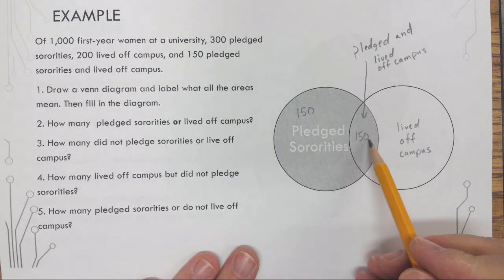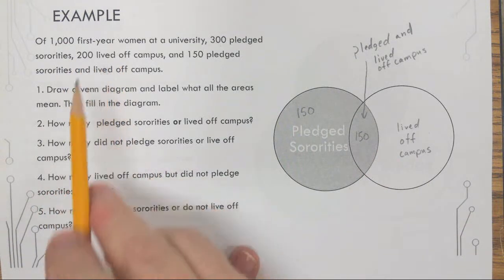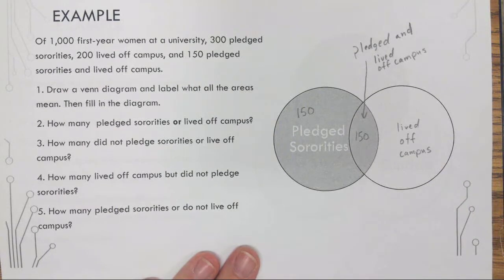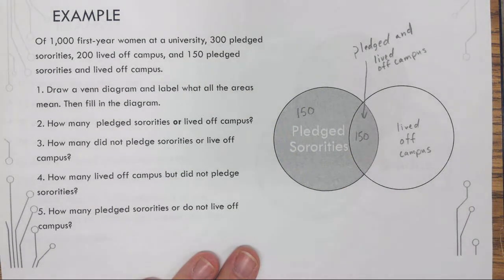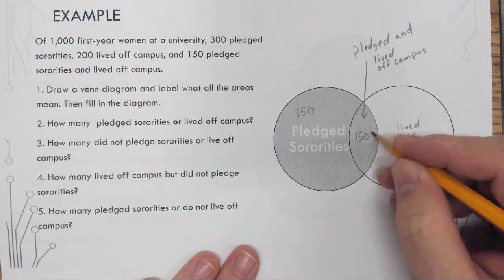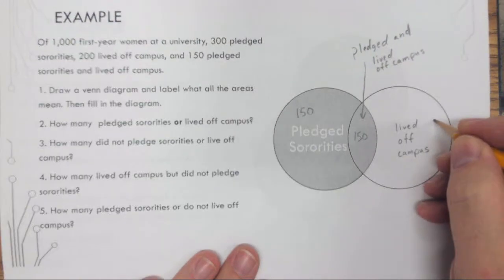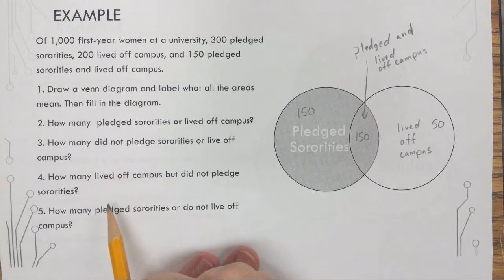Well, then I had 200 women that lived off campus. Well, 150 of them pledged sororities as well. So that means that out of the 200 that lived off campus, 50 of them did not pledge sororities. Okay? So now I can go through and answer these other questions.